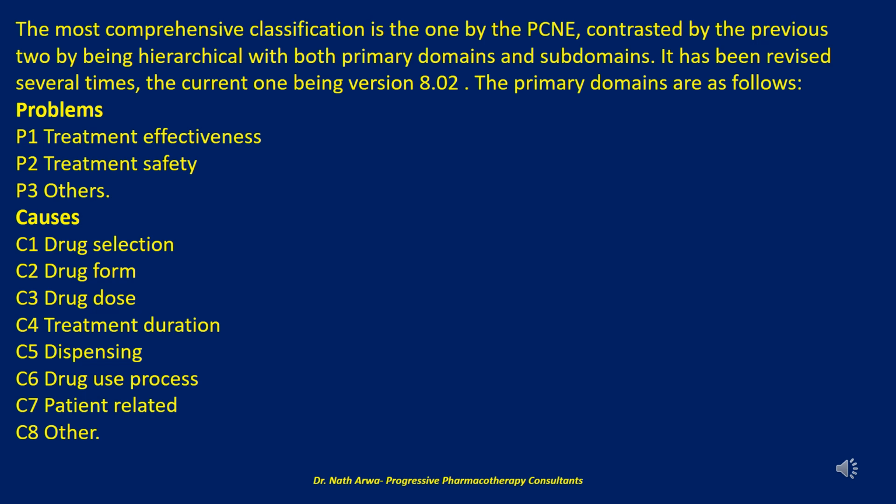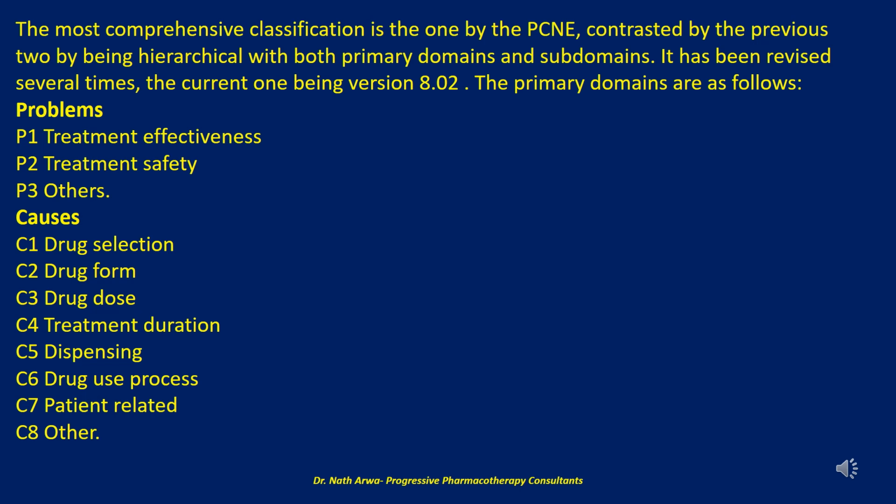with both primary domains and subdomains. It has been revised several times, the current one being version 8.02. The primary domains are as follows. Regarding problems, P1 corresponds to treatment effectiveness. P2 corresponds to treatment safety. P3 corresponds to others.